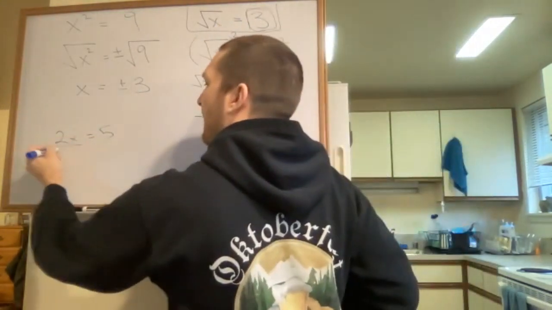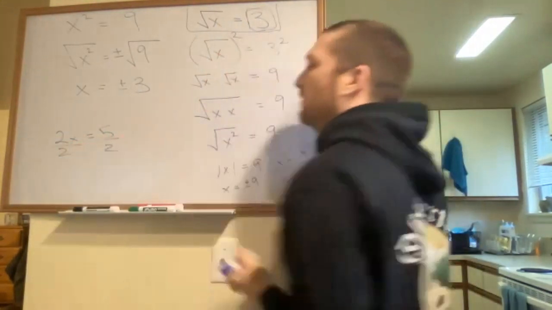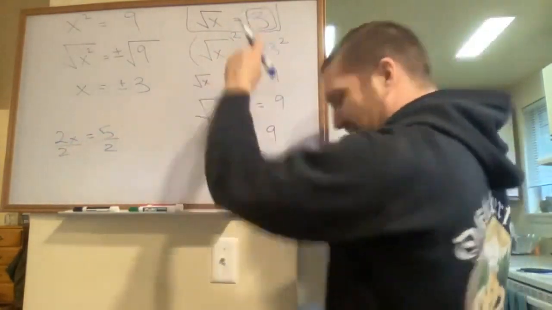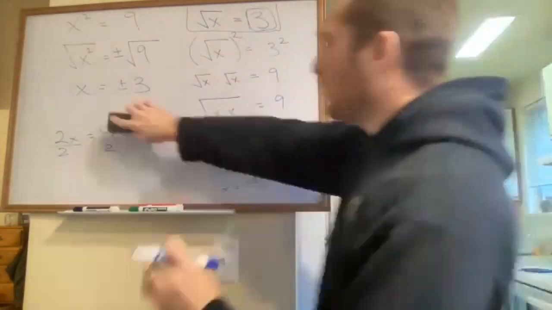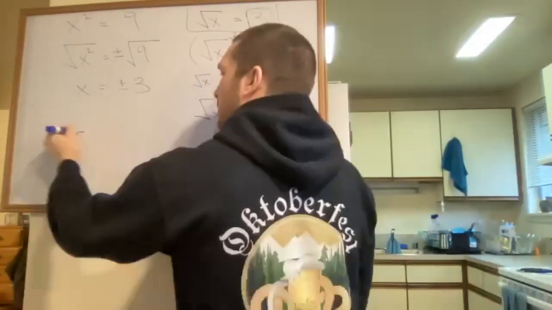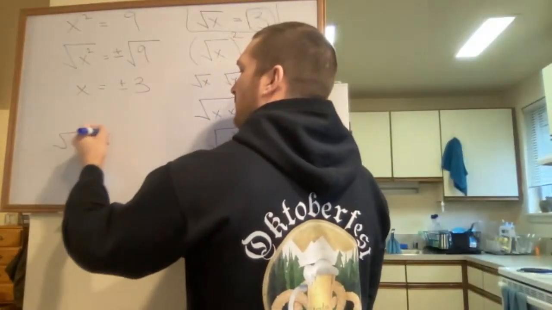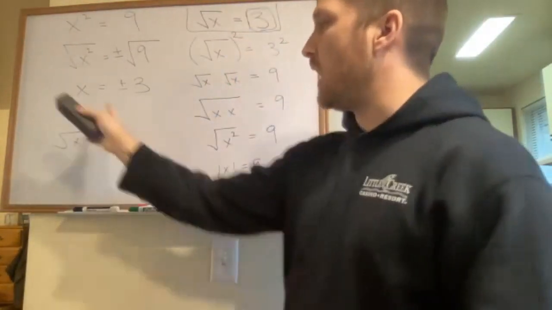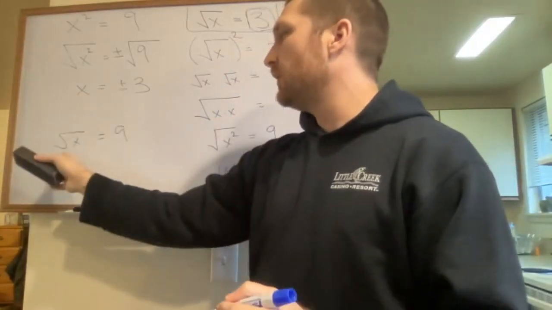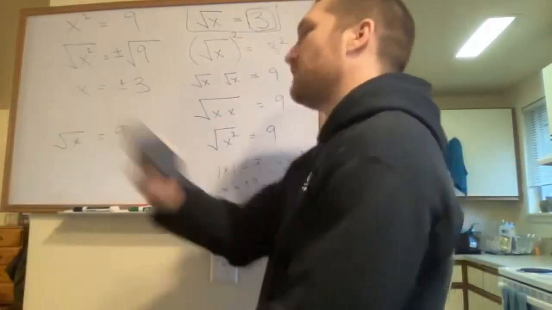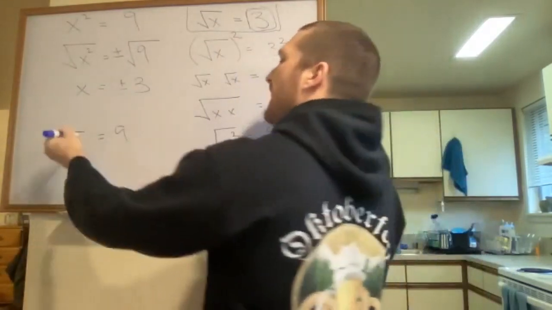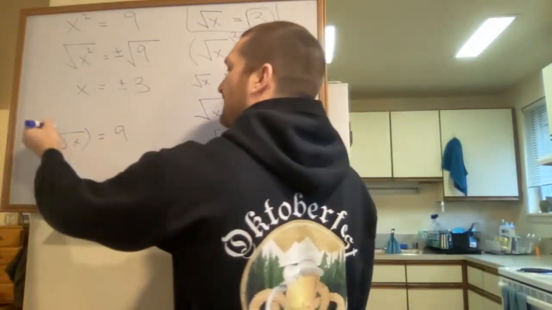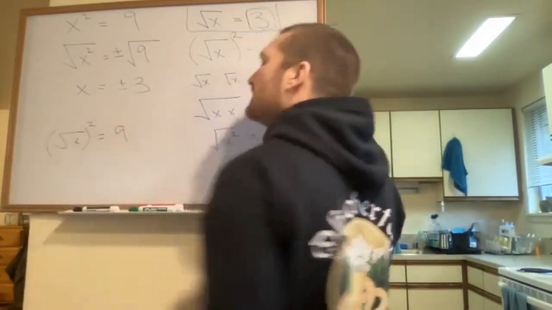And so you say, okay, I'm going to divide to undo that multiplication. In this case over here, we have square root of x equals 9. And so in order to undo square root, we have to square, because that's the opposite of square root.